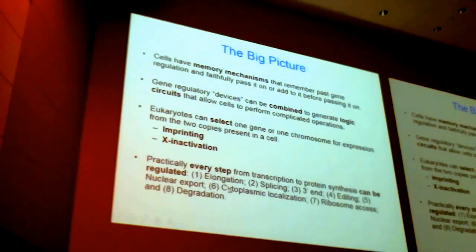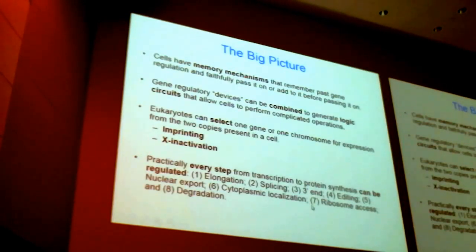You can think of it as elongation, which is where the polymerase, once it decides to bind to the DNA and makes RNA, how fast it elongates, is it moving along and making RNA? Splicing, which is where introns get removed and you have the exons put together to make protein.